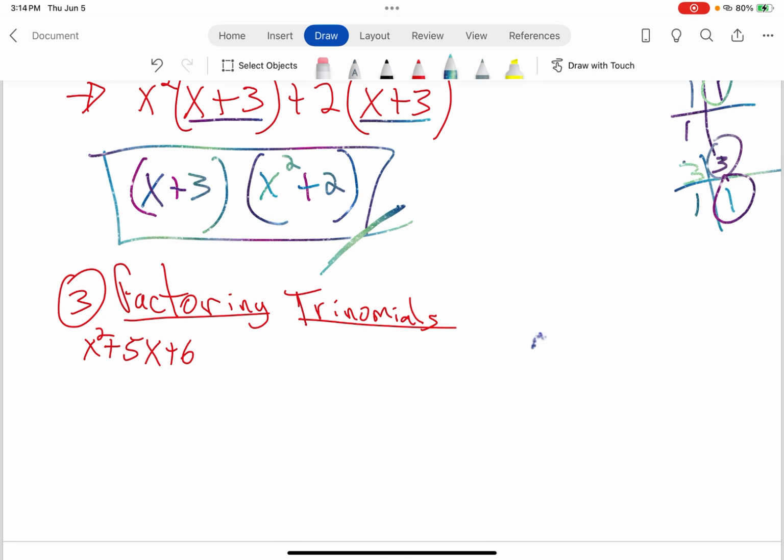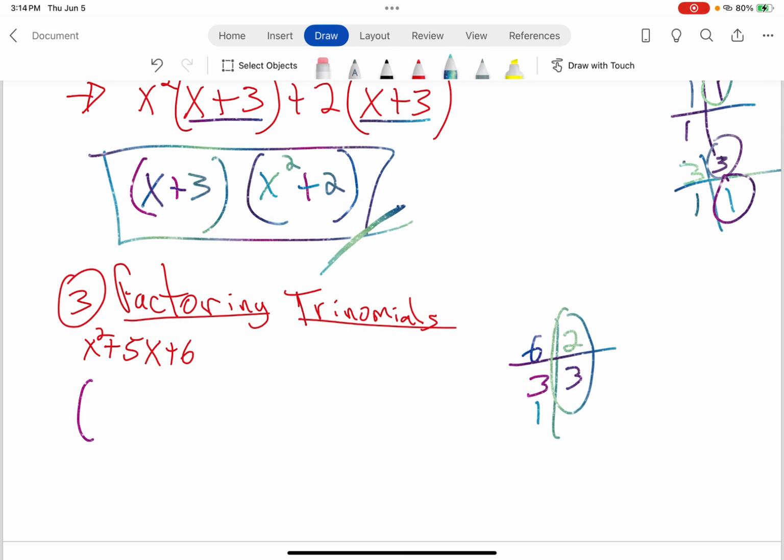You remember how to find factors. 6 divided by 2 is 3, and then 3 divided by 3 is 1. So the factors are 2 and 3. Now, since you have the factors, you plug them in.